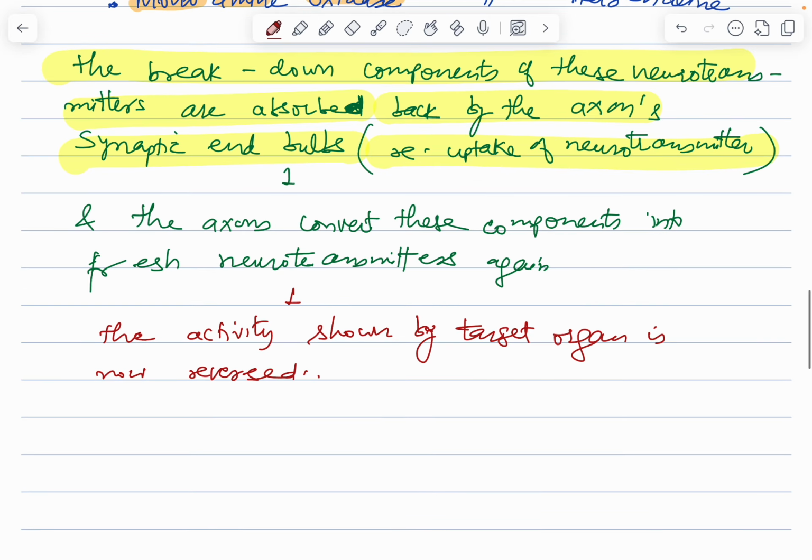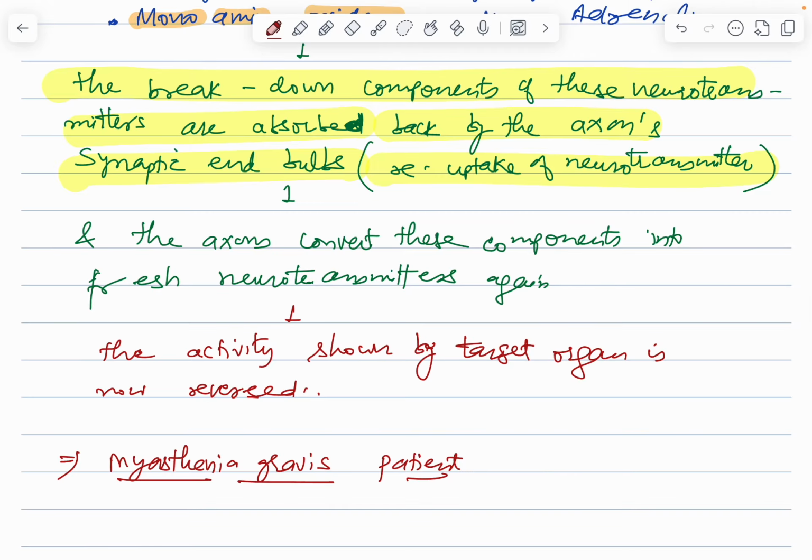Now, at the end of the session, I would basically give some thought-provoking question to you today, and that is, if a person is suffering from a disorder called myasthenia gravis. Myasthenia gravis is an autoimmune disease of the locomotion system. You must have read about it in the locomotion and movement chapter.